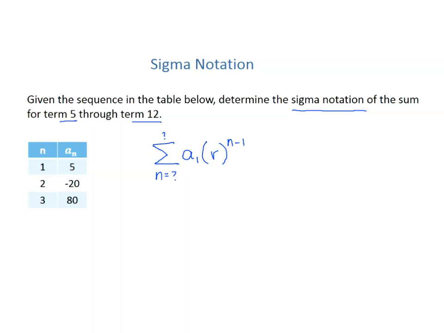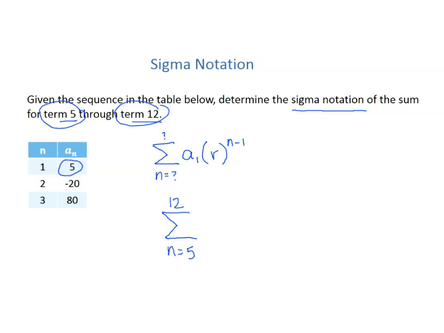So let's plug it in. That means we're going to have sigma. On the bottom of the sigma, it wants us to go from the 5th term to the 12th term. So we're going to have n equals 5. On the top of the sigma, we'll have the 12, because we're going from 5 to 12.